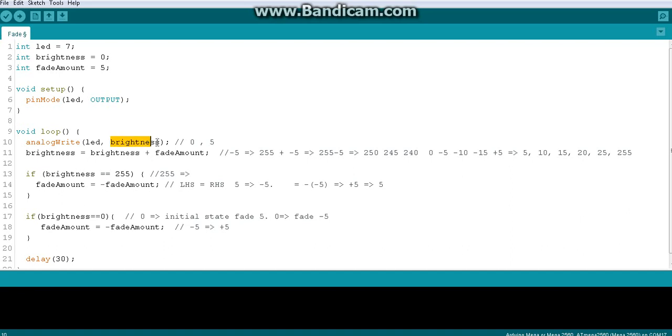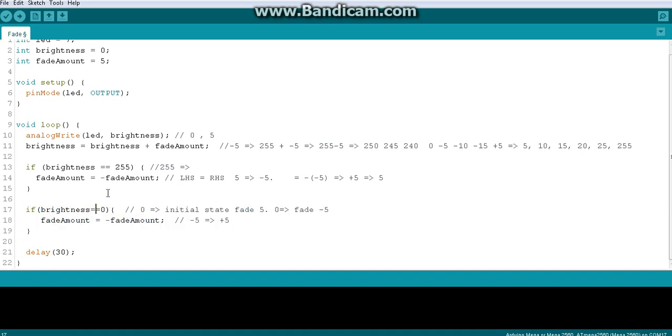We have given the 0 and we have increased the brightness from 0 to 5. Then only the if condition is going to happen. So the new brightness is 5 because fade amount is 5. So at the initial state we will never get into this brightness 0 scenario.